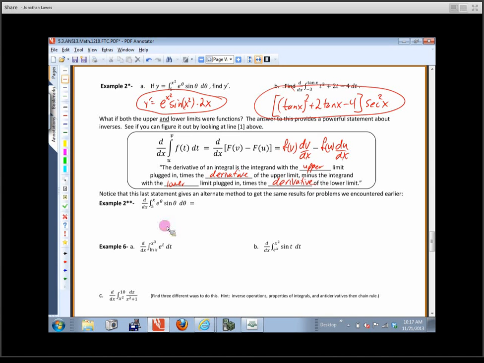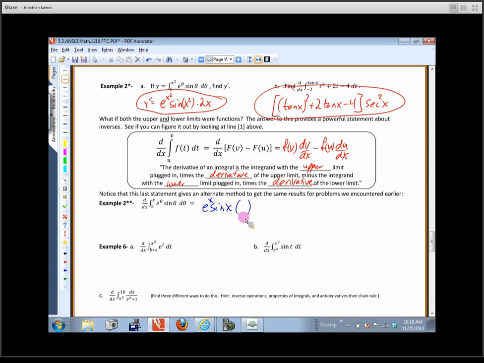So let's take a look at this problem right here. We've done this before. It was very easy before. All we did is we took the integrand and we plugged in the upper limit. Okay, let's get the exact same answer by using this all-encompassing statement about the relationship between integration and differentiation. So the derivative of an integral is going to be the integrand with the upper limit plugged in. So that's going to be e to the x sine x times the derivative of the upper limit.